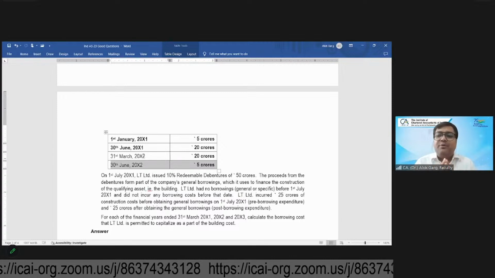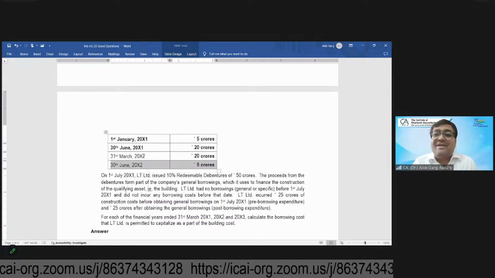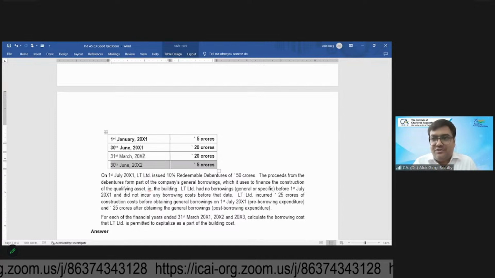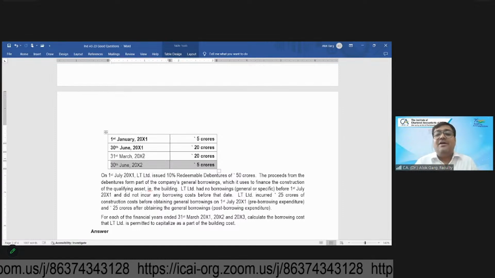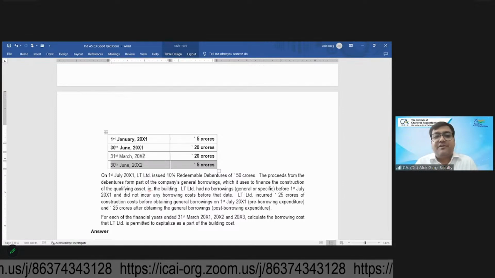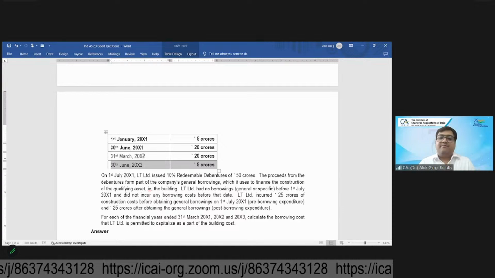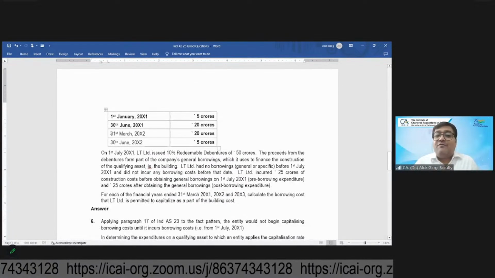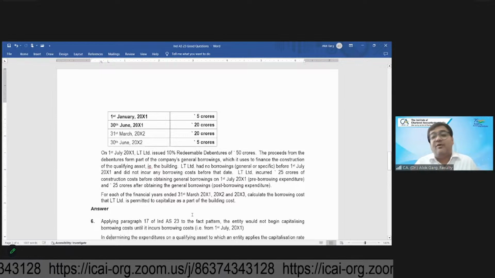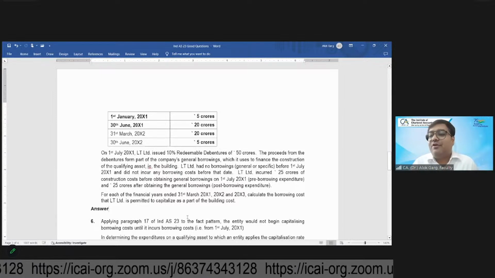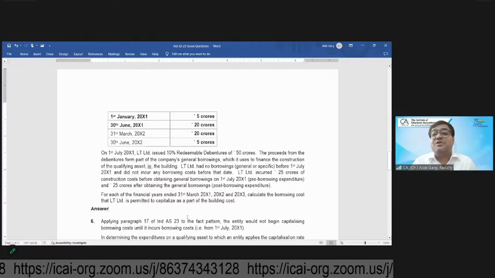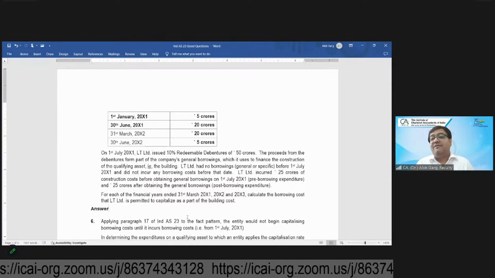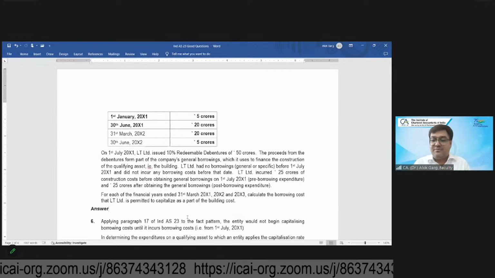So you need to compute the borrowing cost to be capitalized for the periods ending 31st March 20x1, 20x2, and 20x3. The borrowing was started on 1st July 20x1, so there was no borrowing for the period ending 31st March 20x1. The borrowing was taken in the financial year 20x1-x2.